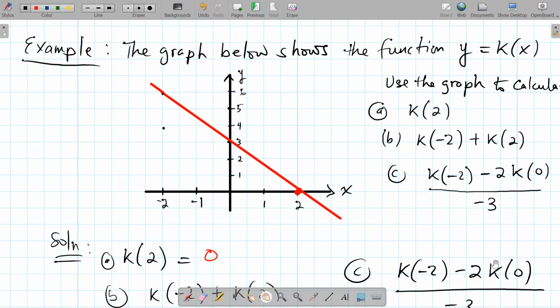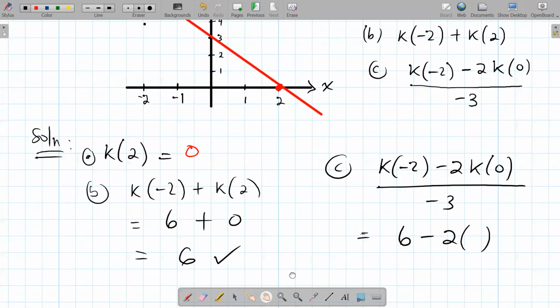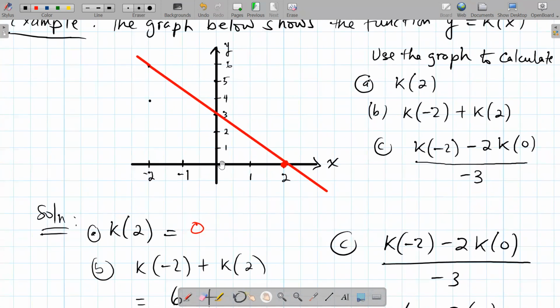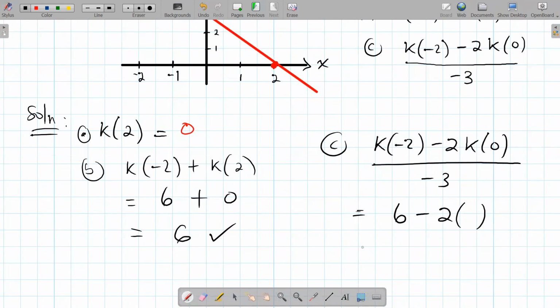K of 0 means X is 0. So you move up to touch the line, which is the graph, and wherever you touch, if you're able to read that value there, that is your answer. X is 0, but the Y value is a 3. So that will be a 3 here, and then divided by -3.